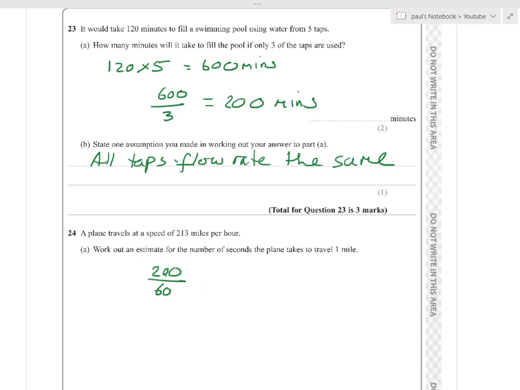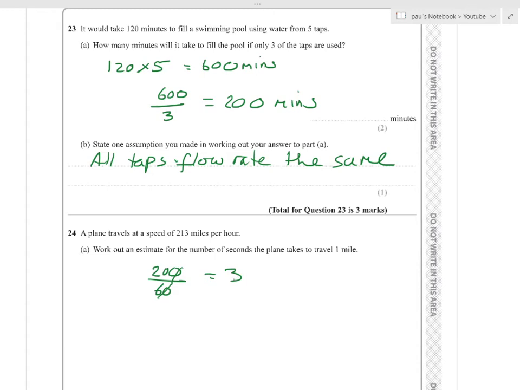So divide by 60. So let's do that. 6 is into 20. Maybe that goes 3. Yeah. So it can do 3 miles in a minute. Okay, that's the number of seconds the plane. 3 miles in a minute.